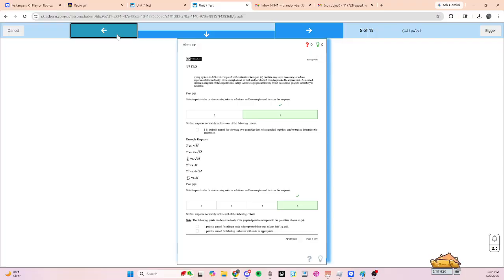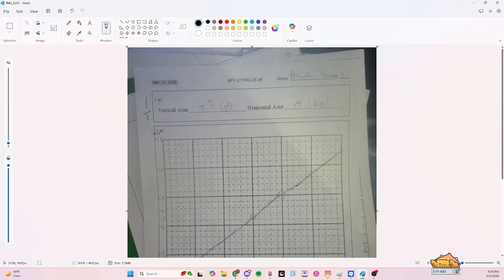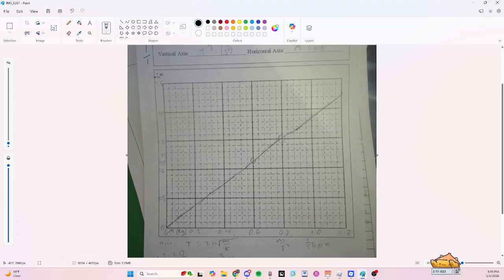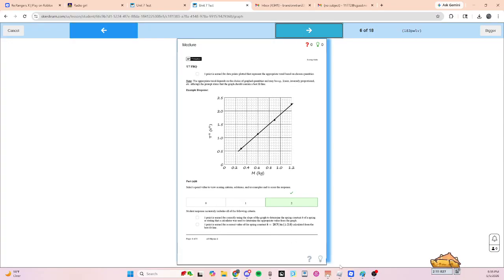Next question. On the grid, plot the appropriate quantities to determine the spring constant by using a best fit line. Like I just said, T squared over m, and that's what I did here. See T squared and then m, and here's the line through the points, and it looks pretty close.